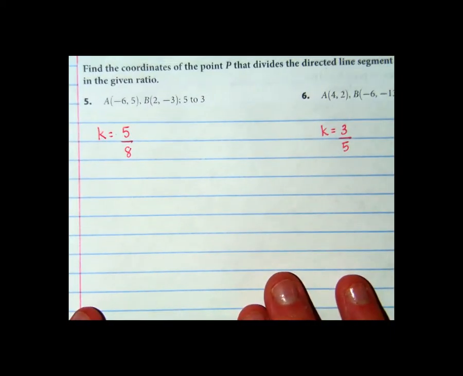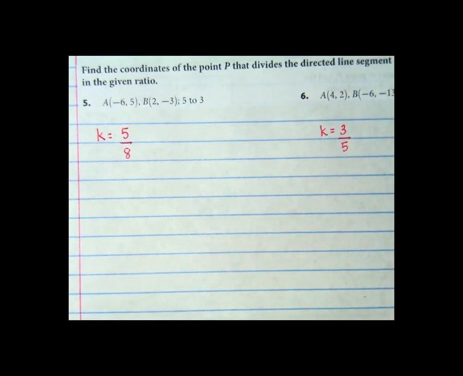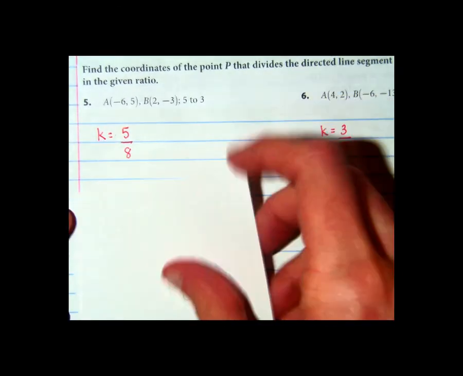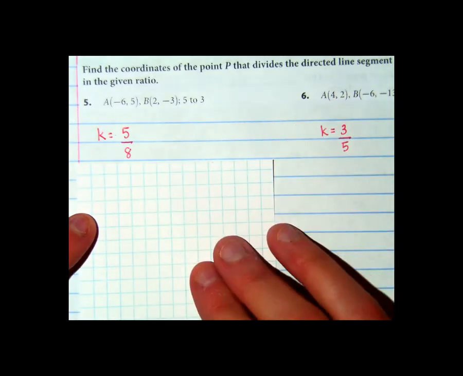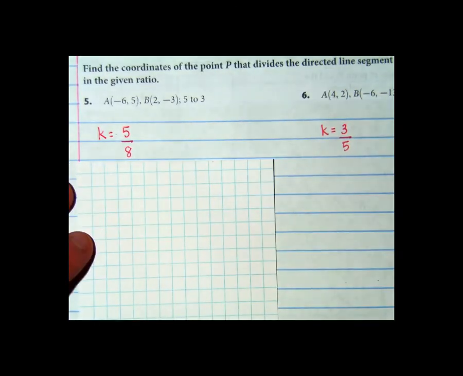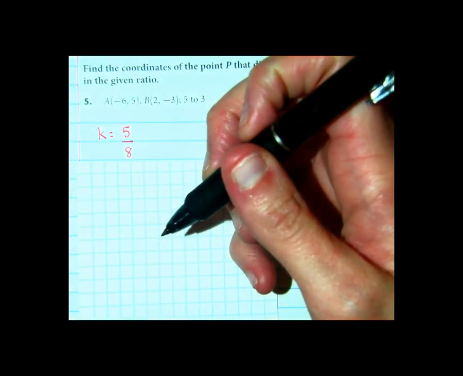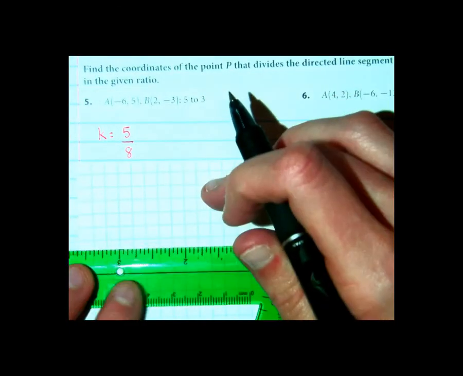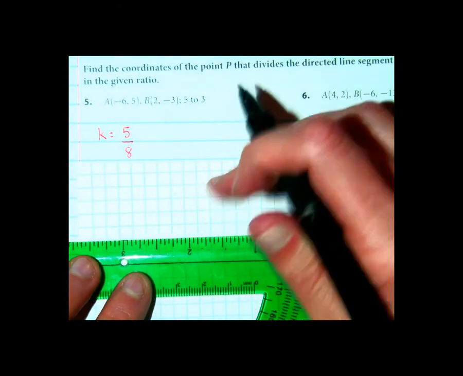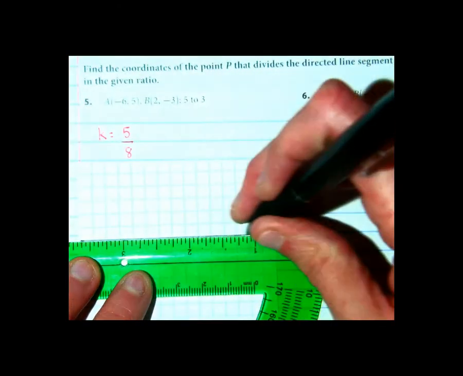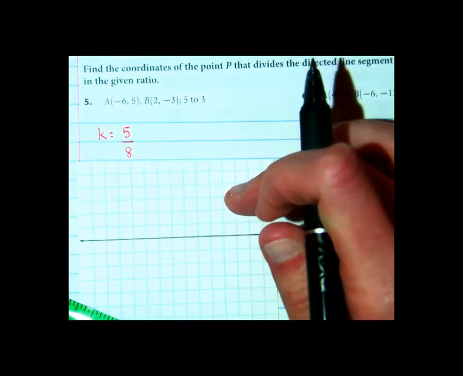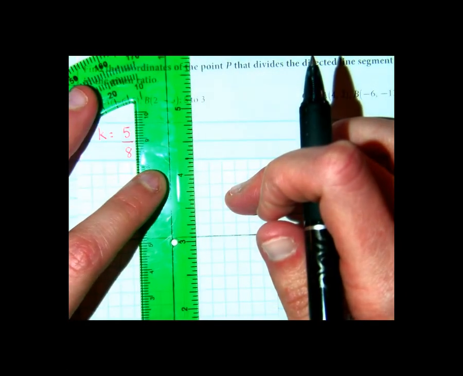Which one do you want to do with the graph? I don't guess it matters. 5. Okay, let's start with that then. Alright, so if I've got my graph, I do have to have a graph that's big enough to have -6, 5 in it. So I'm not going to make it completely in the middle just in case.